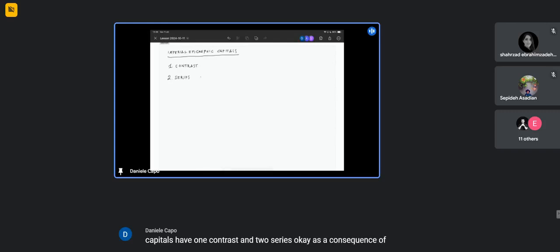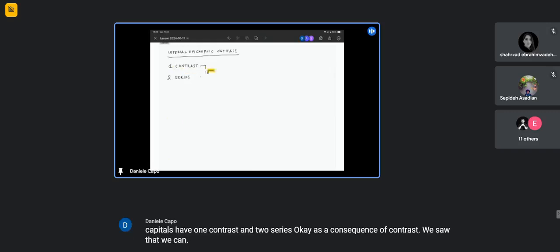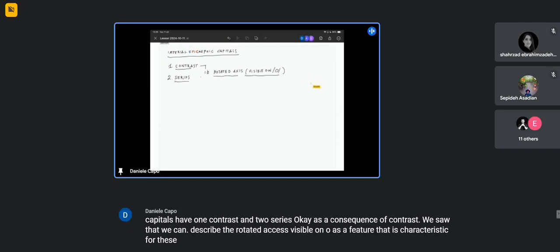As a consequence of contrast, we saw that we can describe the rotated axis visible on O as a feature that is characteristic for these letters.